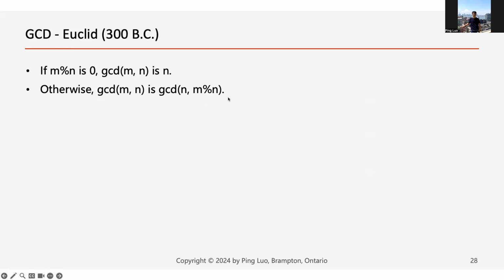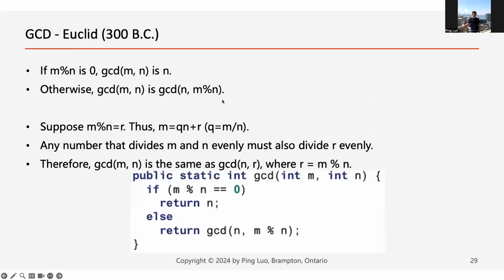This is a little bit hard, but let's figure out why. Suppose the remainder is R, and Q is the result of M divided by N, right?